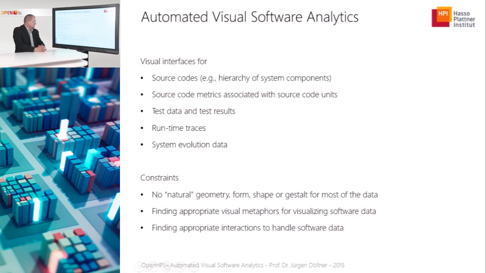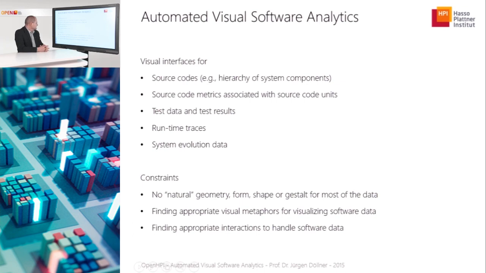The constraints to be observed and to be respected by automated visual software analytics include: there's no natural geometry or form or shape or gestalt for most of the data, so we have to find appropriate mappings to make this data actually visible to the human eye.